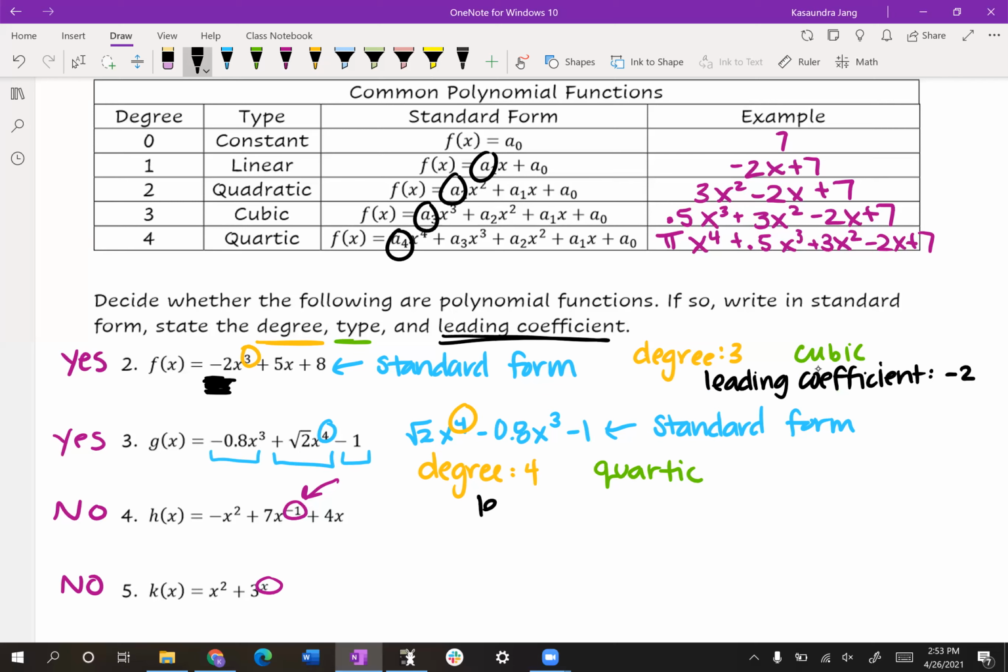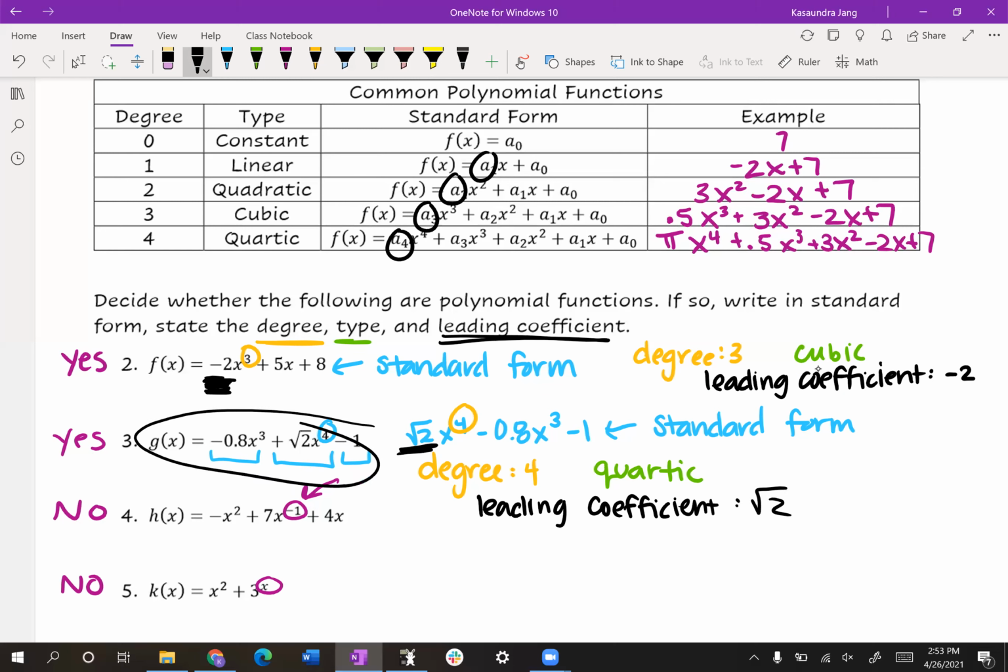This guy, leading coefficient, only take this from the standard form. That's why I wrote it in standard form first. So in my standard form, the leading coefficient, what's in front of my first term, is that positive root 2. If you were looking at the wrong part, if you were looking at this guy not in standard form, you would have taken a negative 0.8, which is incorrect. Okay.